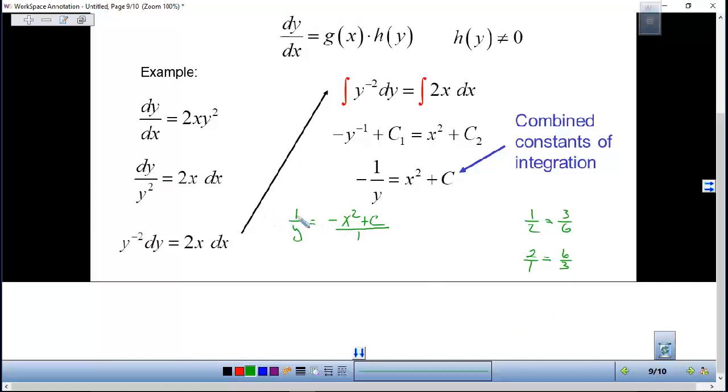So if I have two ratios equal to each other, I can flip them over. If I flip 1 over y, I'm going to end up with y. And over here, I can just factor this negative out, bring it out front. It's going to be 1 over x squared plus c.